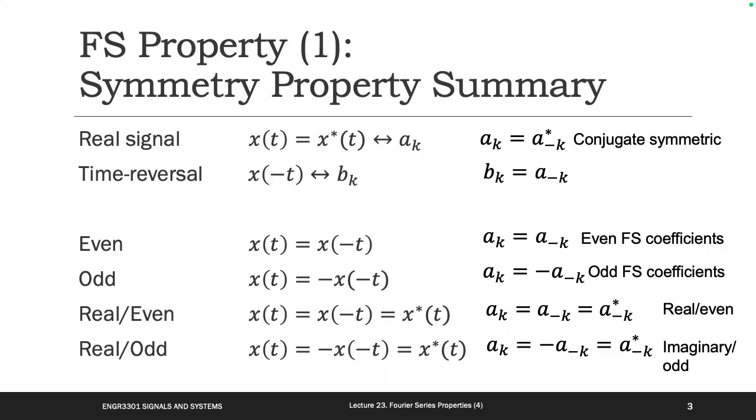Usually for the symmetric properties, we only use those two to tell what kind of signals we are dealing with. Did you notice that most signals we are dealing with are just real signals? Because real signals are easier for us to deal with. Any questions for the symmetric property?